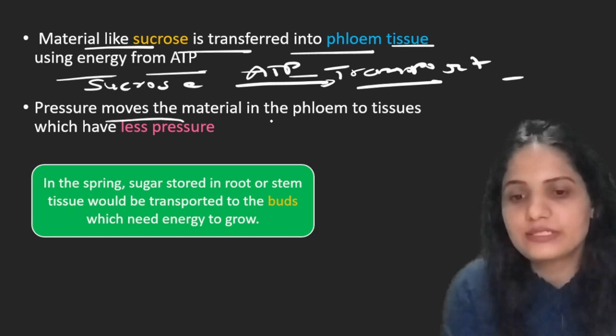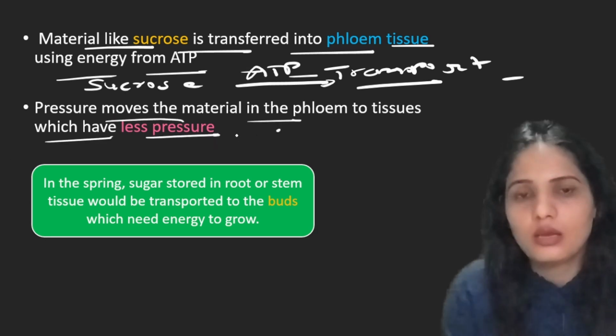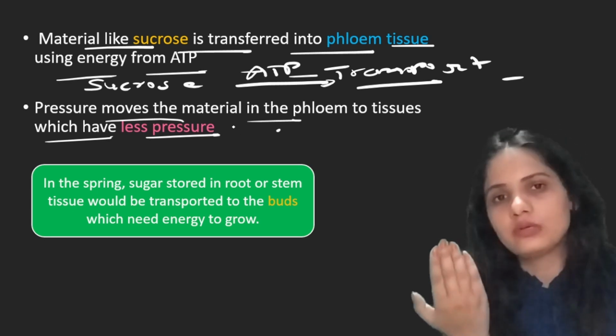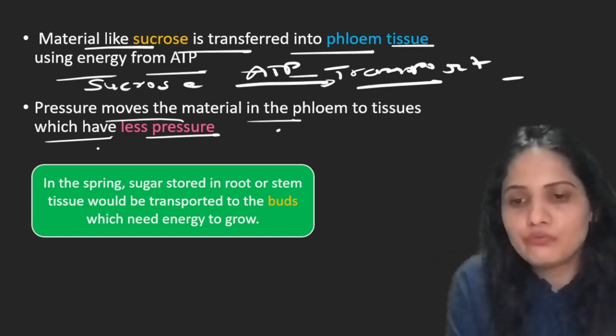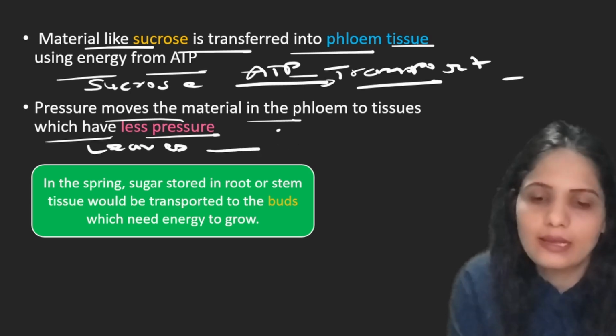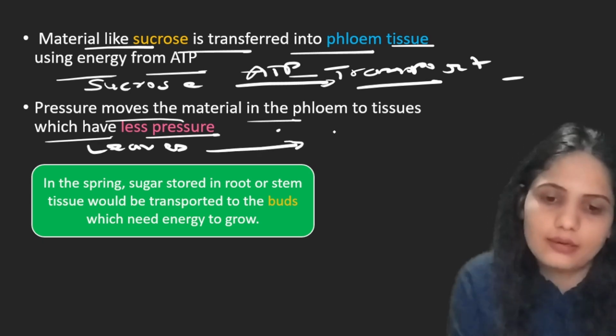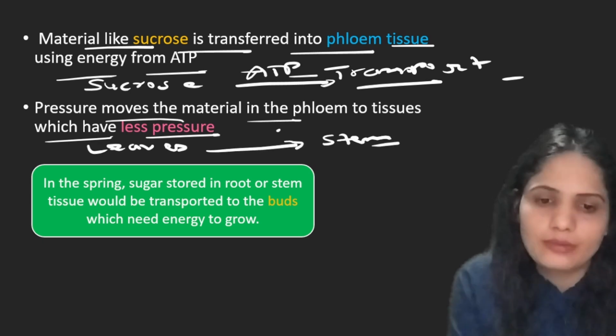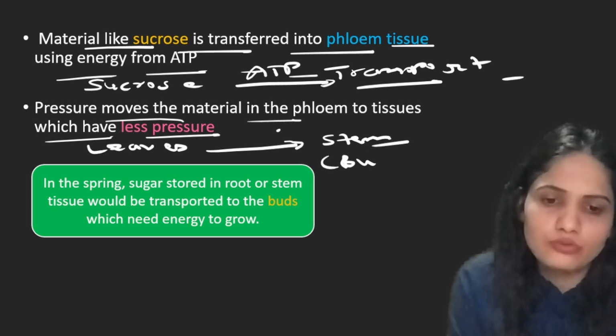Now pressure moves the material in the phloem to tissues which have less pressure. How does food move in the plant? Let's say we have leaves, and here we have the stem, and on the stem a new bud is growing.